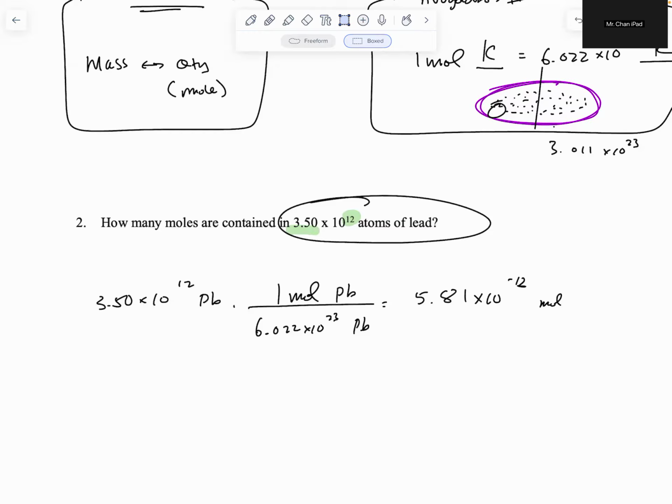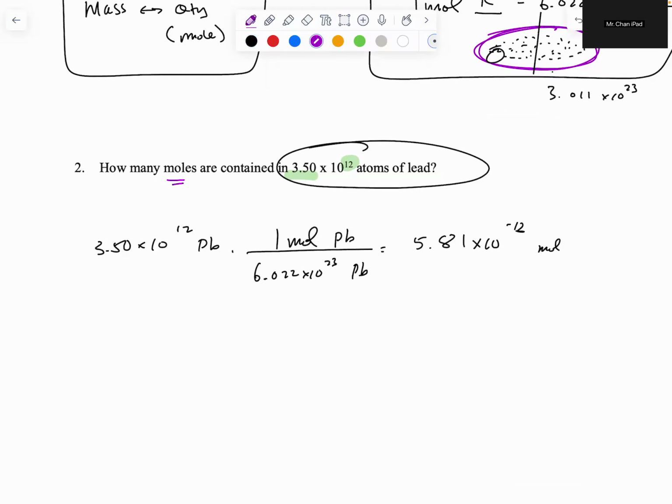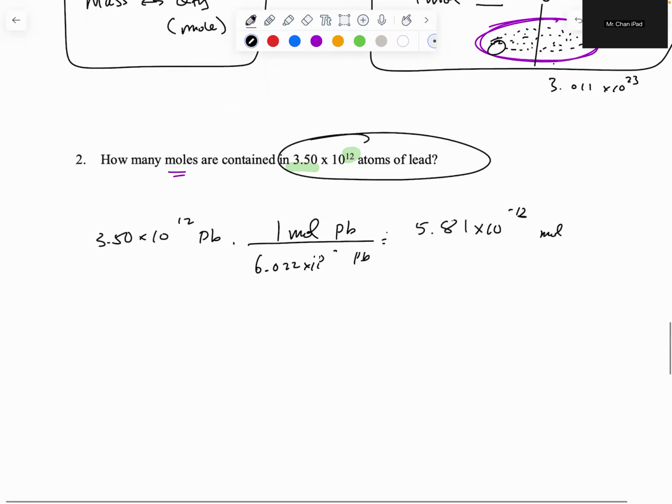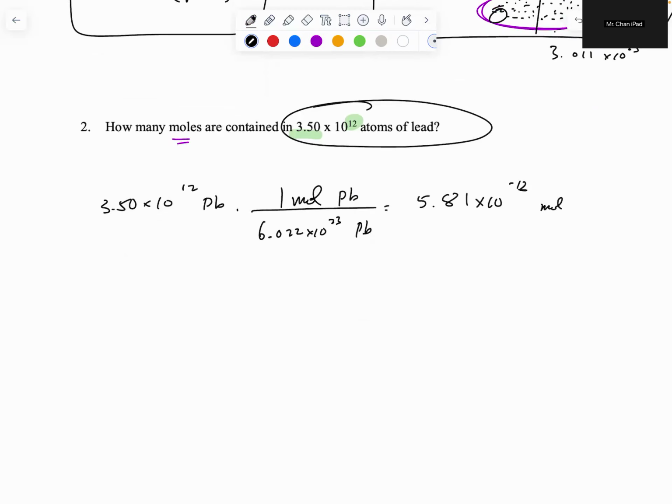And the reason for the no is, well, this question is asking how many groups there are. It concerns nothing about mass. That's why, okay?